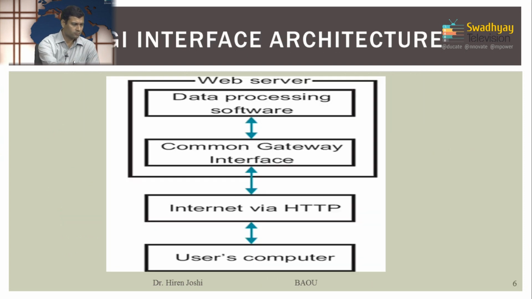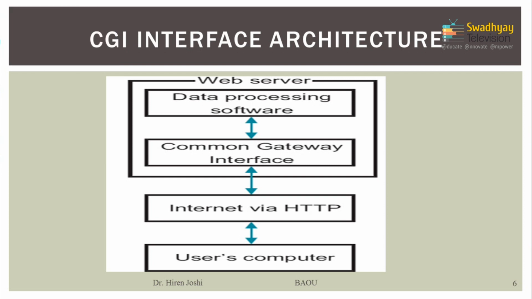If we look at the architecture of CGI, there will be a web server as data processing software, and CGI, and there will be bidirectional communication between the data processing software and CGI. CGI can communicate with the internet through HTTP, again bidirectional, and through the internet the user's computer is again communicating in a bidirectional way.